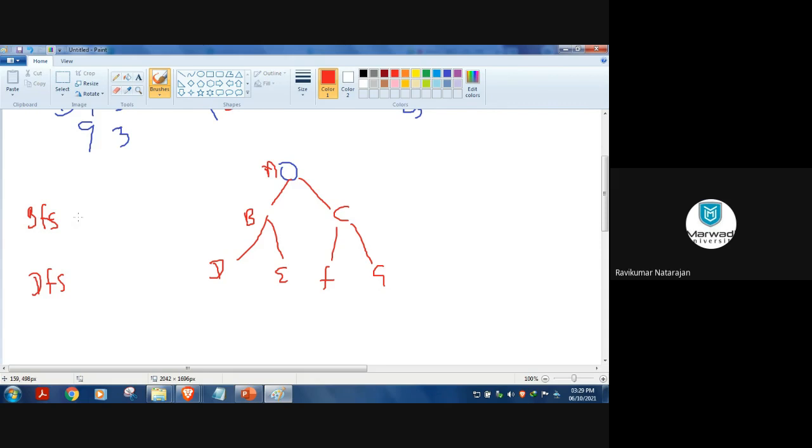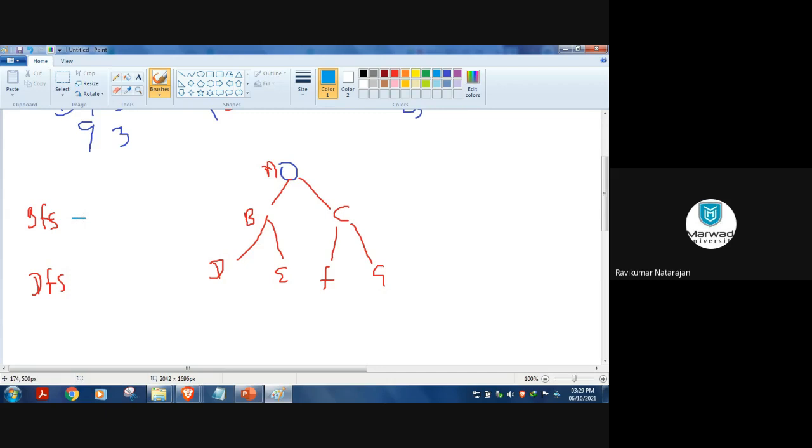So for BFS, I said that it is level by level search. First A, then this level B, C, then D, E, F, G. I mean, from here anyhow you have to come back here. That's why I've drawn it like that, like a snake diagram, for your understanding.